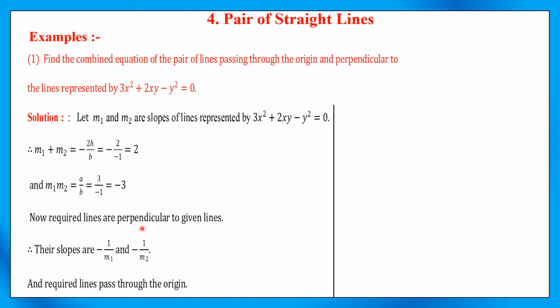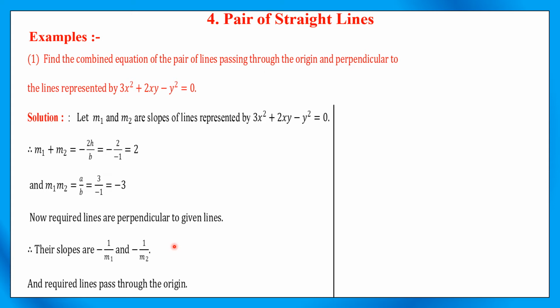Now the required lines are perpendicular to the given lines. These are the two given lines, but our required lines are perpendicular to these given lines. The given lines have slopes m1 and m2. Therefore, the required lines have slopes minus 1 divided by m1 and minus 1 divided by m2.